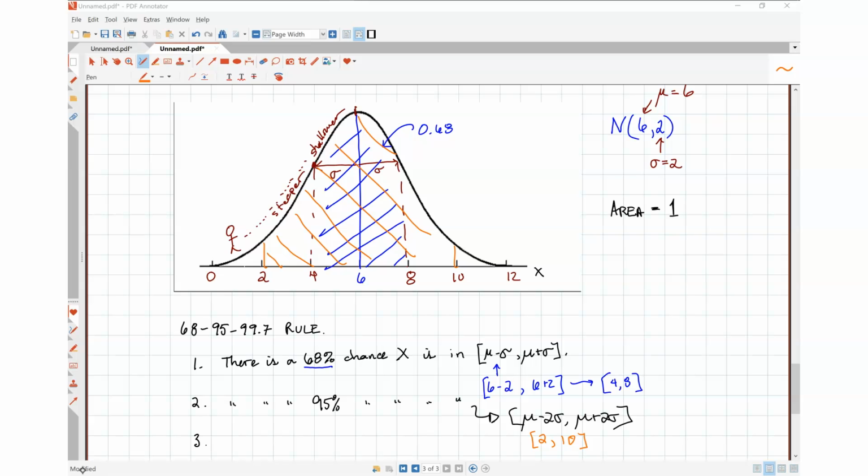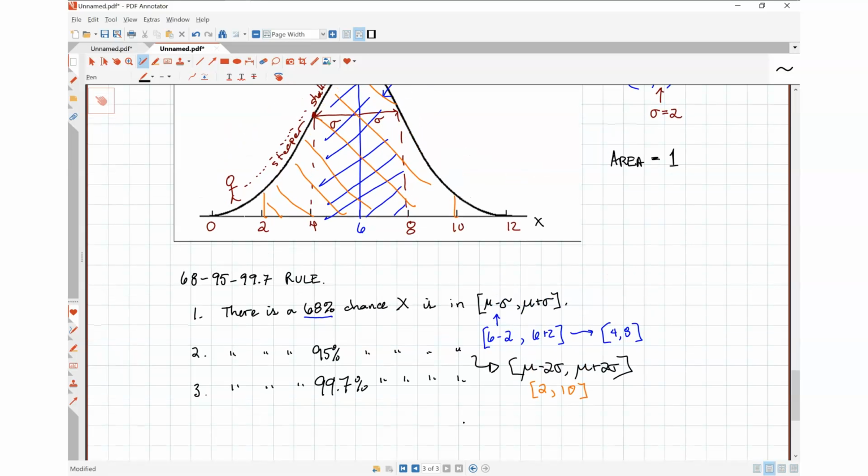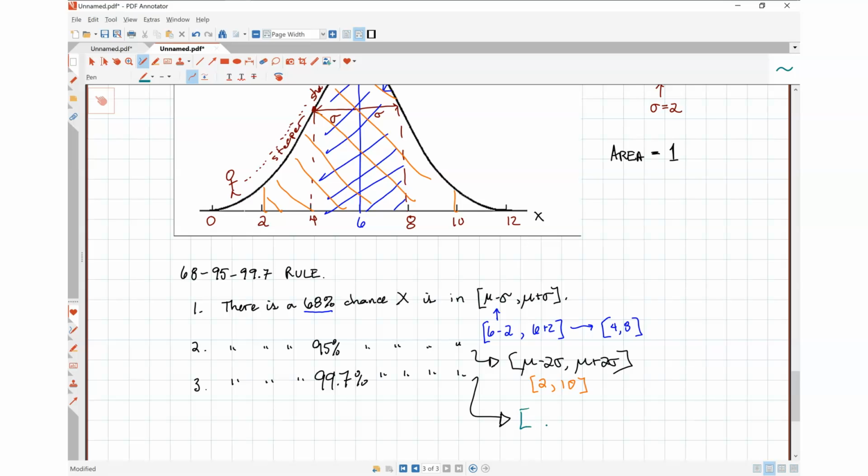And the last part of the rule is the 99.7 part. And it says that there is a 99.7% chance that this random variable will take on a value within 3 standard deviations of that mean. So that means this interval, let's see, we're going to have mu minus 3 sigma up to mu plus 3 sigma.